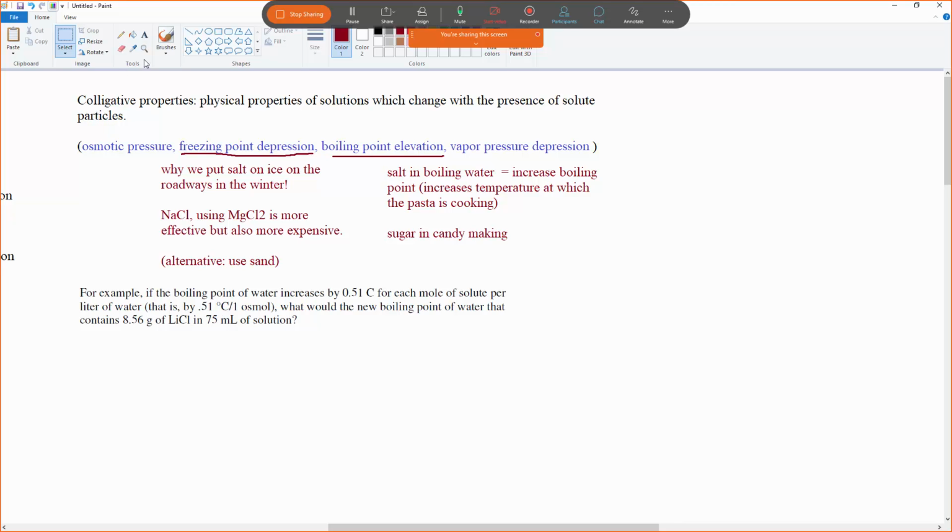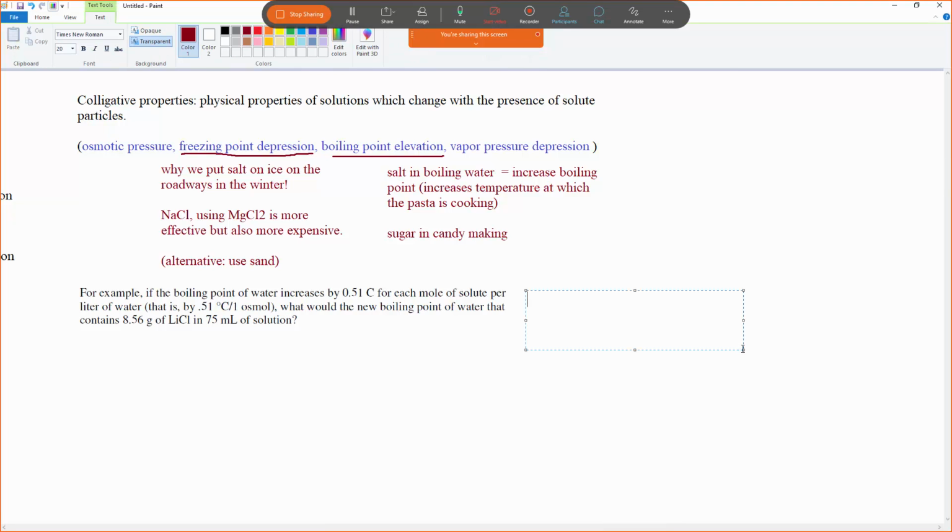Now, there's actually a formula for this, and I thought if I give you this, you can do dimensional analysis and not use a formula. But I found that students actually prefer the formula. So I'm not going to give you the formula on the test, but if you want to memorize it beforehand, that is totally fine. And that is the change in temperature. We've got the boiling point constant, that's K sub B, times the osmolarity.